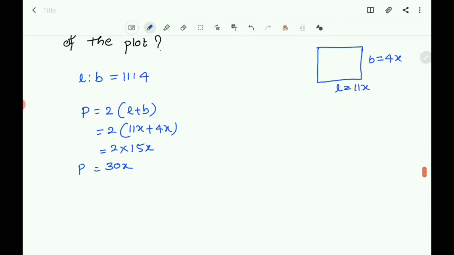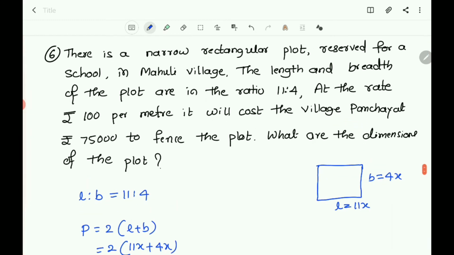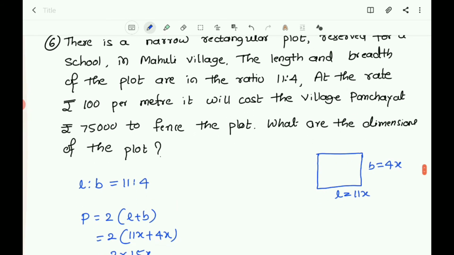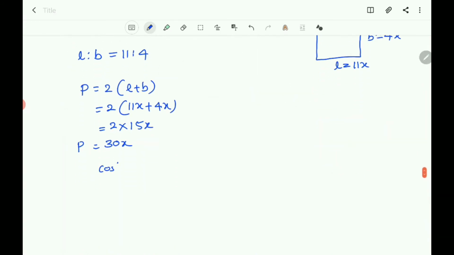So the rate of fencing is rupees 100, and the total cost is 75,000 rupees.